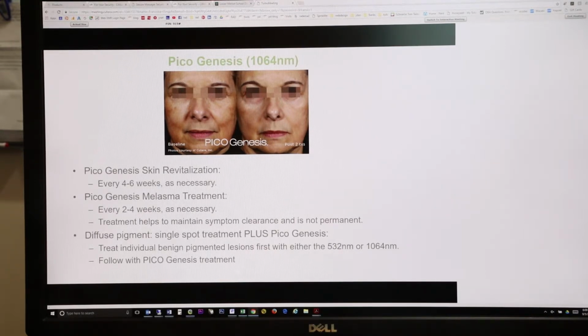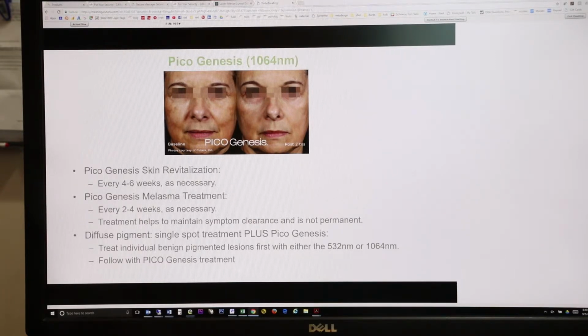So we start you out at a very low setting for your melasma patients versus a normal setting for your skin revitalization patients with no melasma. And then as your melasma patients can tolerate and they're not getting rebound, then you can certainly graduate them up to a skin revitalization setting. However, we ask that you go slow with the melasma because you never know if it's going to rebound. We have great results though, however, with melasma, but we start very, very slow. Start slow, go low, and then proceed from there as tolerated.